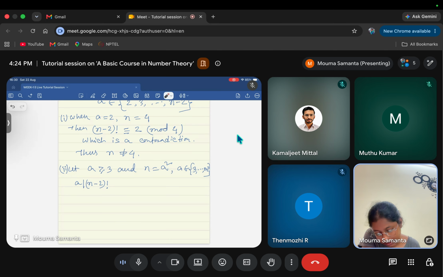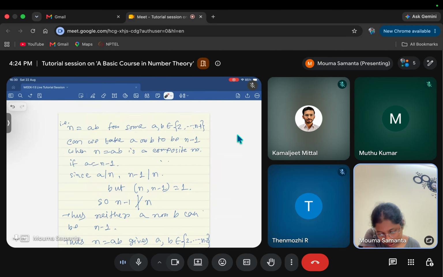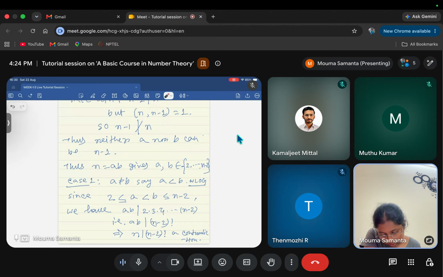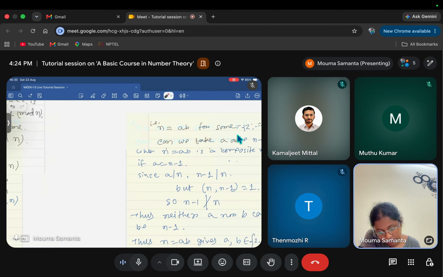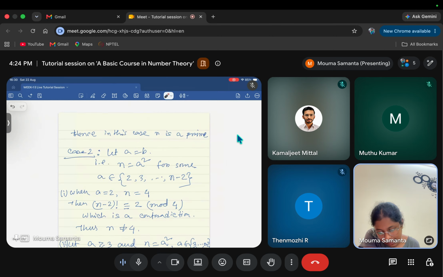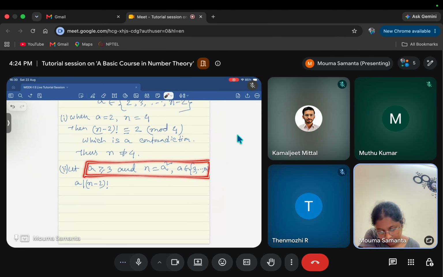So what are we trying to show? We are trying to find a contradiction to this fact: n minus 2 factorial cannot be congruent to 1 if we assume this condition.